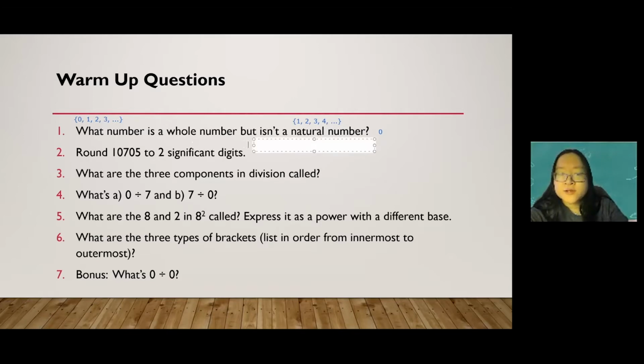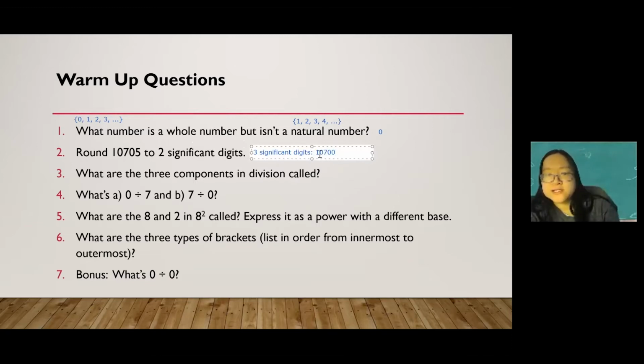Okay, so for this number in particular, if it were 3 significant digits, it would be 107,000, right? And the 3 significant digits are 1, 0, and 7. And any numbers afterwards, as long as they're all zeros, they don't count. So this number could be multiplied by a great multiple of 10, but it would still be just these 3 significant digits at the beginning. Okay, but because this 0 is between 1 and 7, this 0 is also a significant digit.